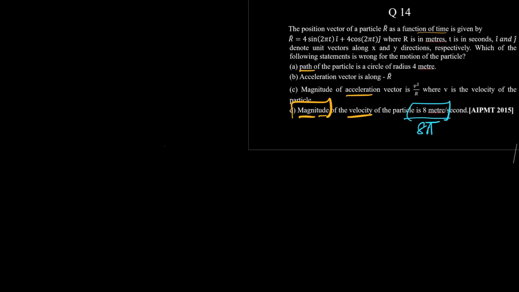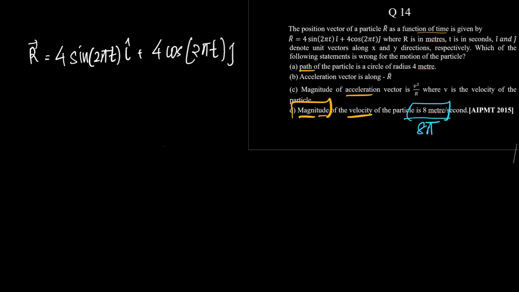Okay, so what is given to us? r is equal to 4 sine 2 pi t i cap plus 4 cos 2 pi t j cap, right?